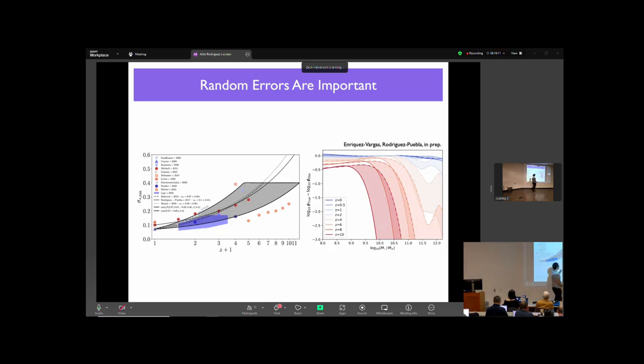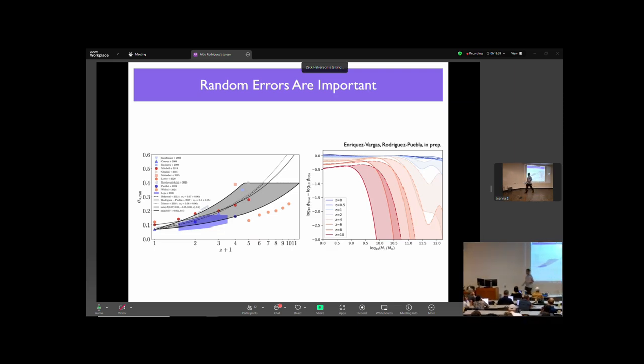Even so, if you take the difference between the true galaxy stellar mass function, which is the one deconvolved by random errors, and the observed galaxy stellar mass function, which I'm showing here, the difference in log, and this area is the same area that is shown here, you will see that at very high redshifts the differences between these two quantities could be between 2 and 3 orders of magnitude.